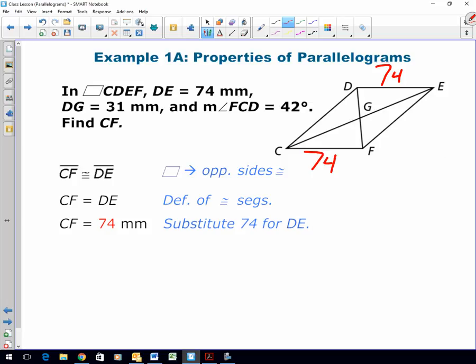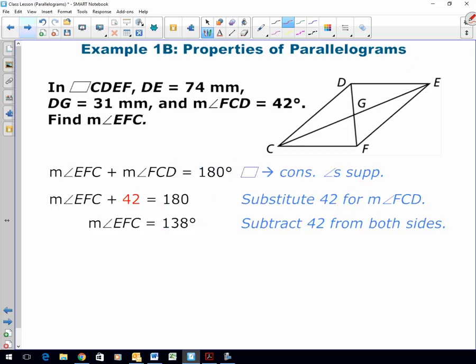Remember, I got 5 principles that I just gave you about parallelograms. Now we're just trying to apply them. The opposite sides are parallel and the opposite sides are congruent.